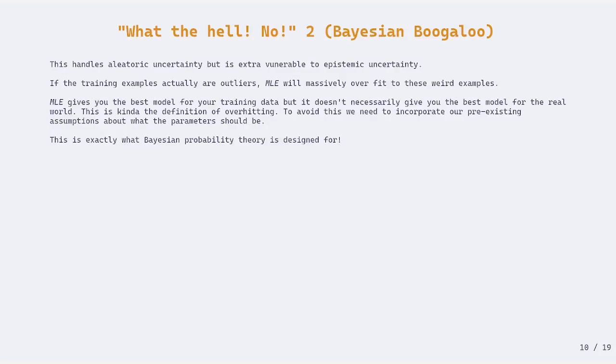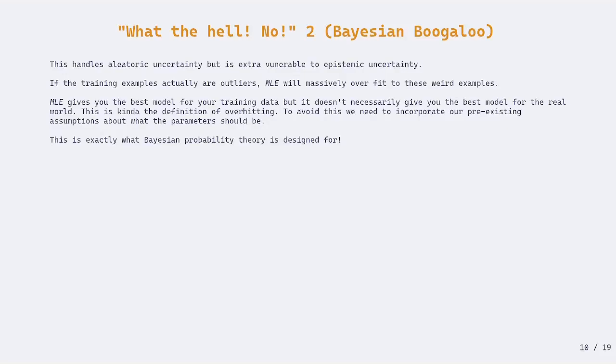You get the best parameters for the training data, and if the training data is super wacky or super outliery, then you're gonna have terrible model performance, because your parameters are going to massively overfit.